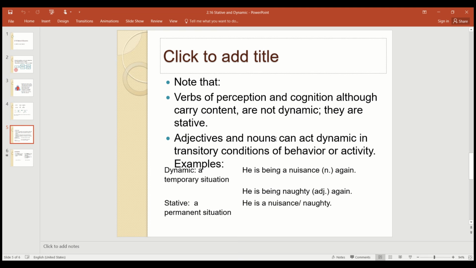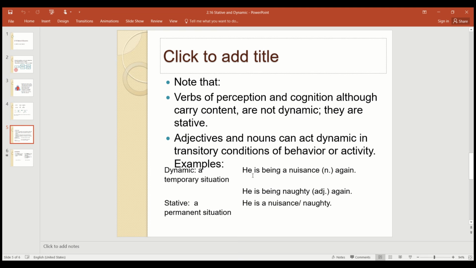Adjectives and nouns, on the other hand, can also act as dynamic in certain situations which are called transitory conditions of behavior or activity. Transitory means temporary situations or, let's say, dynamic situations.